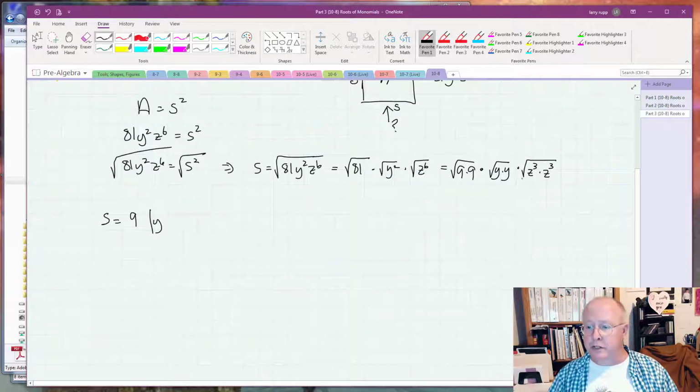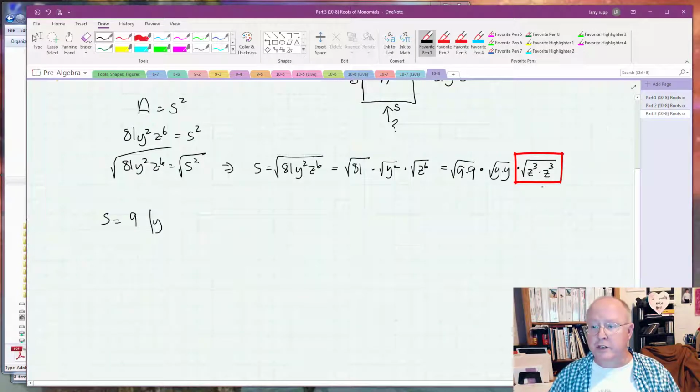But what about this term right here, the z cubed times z cubed? Z cubed can in fact be negative. I think we've gone over this once before, but let's say you just had an example, negative 1 cubed.